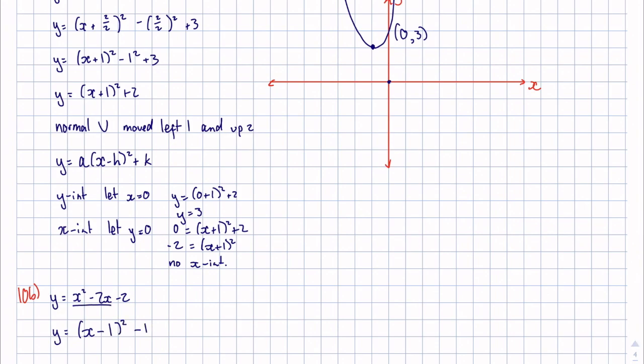We need to subtract this 1 squared off and then minus 2. So we have y equals x take 1 squared, take 3. So it's a normal quadratic that's moved left. Sorry, no, this one's moved right 1, sorry. Right 1, down 3.